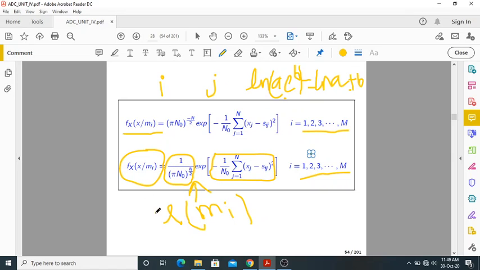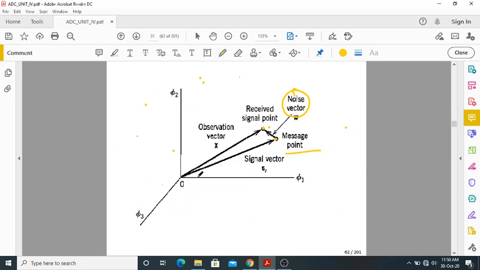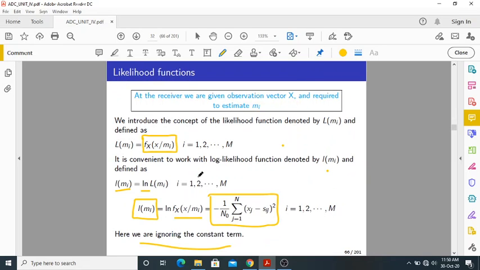So ln of this term is the same as minus 1 by N naught, summation j equal to 1 to n, xj minus sij whole square. There is no e power now because it is eliminated when you take the natural logarithm. I am neglecting the constant term, and you only take the power of e, which is minus 1 by N naught summation j equal to 1 to n, xj minus sij whole square, where i varies from 1 to m.